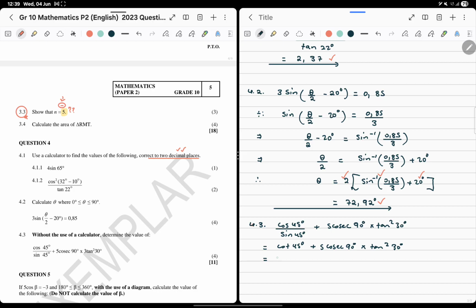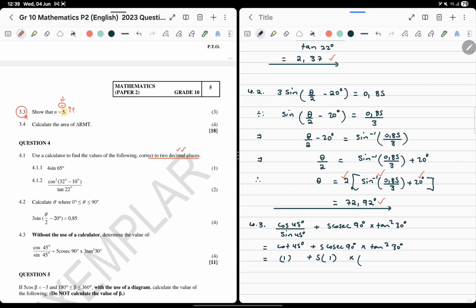Now we know that cot is defined as adjacent over opposite, but now with 45 this is just 1 plus 5 into cosec of 90 degrees, which is as good as sine of 90, because sine of 90 is just 1 over 1, which is 1. So cosec is also 1 over 1, so this is 1 times tan of 30.